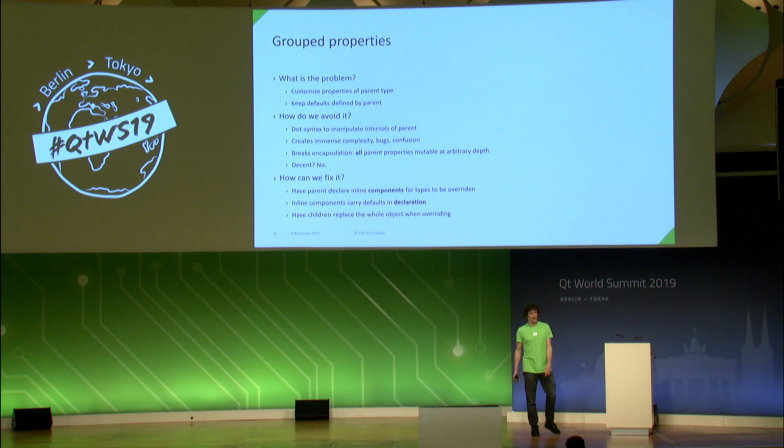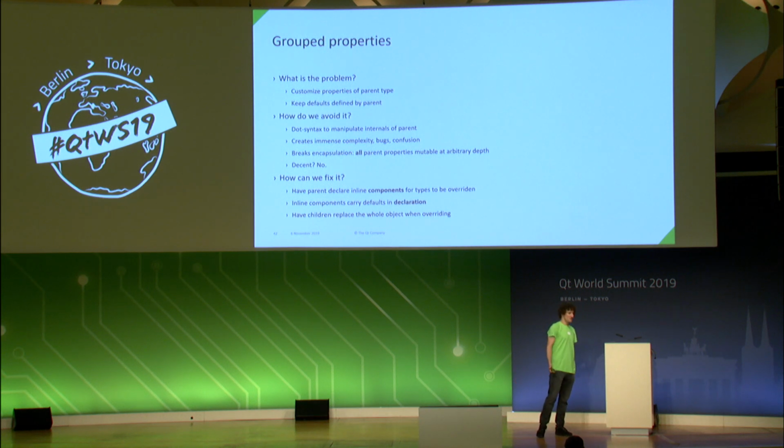So what you really want is to customize an object while keeping some of the default properties. You only want to customize specific properties and keep everything else. How do we do that right now? Well, when we instantiate the outer object, we somehow poke into its internals and set some properties on the internals.